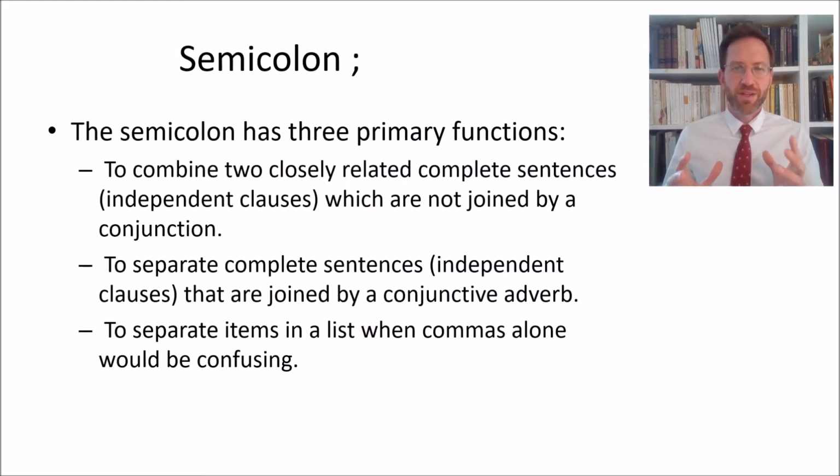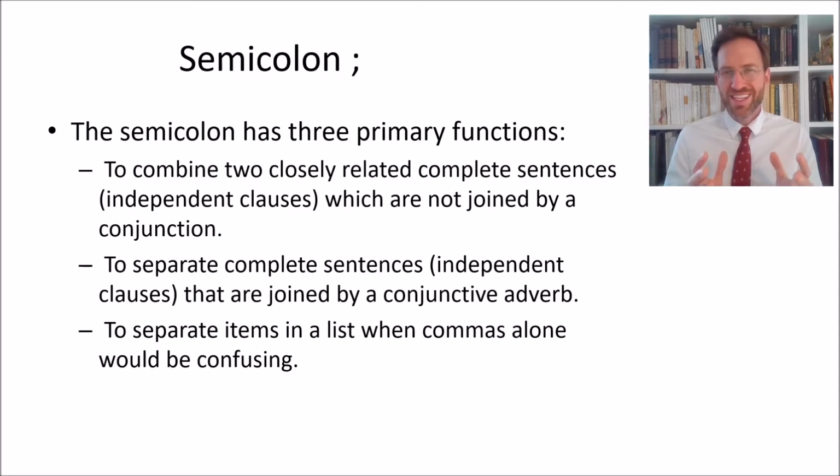Using a semicolon has basically 3 functions that you're going to run into. It's to combine two closely related complete sentences, those independent clauses, which are not joined by a conjunction. So if you skip the and, you skip the but, a semicolon is actually what you're going to use to combine those ideas. Often sounds a little bit more direct, impactful.